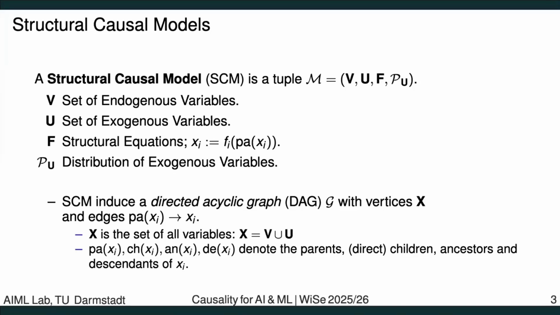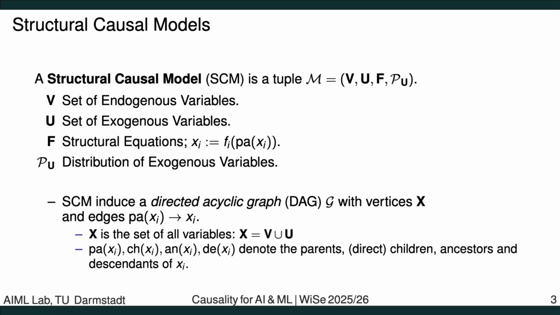So basically, if you remember, we have a set of endogenous variables, which are basically the ones we observe. We have a set of exogenous variables, which are usually noise variables or sometimes unobserved variables. And all of these variables are usually connected via a set of structural equations, which then define how effects propagate through the network.